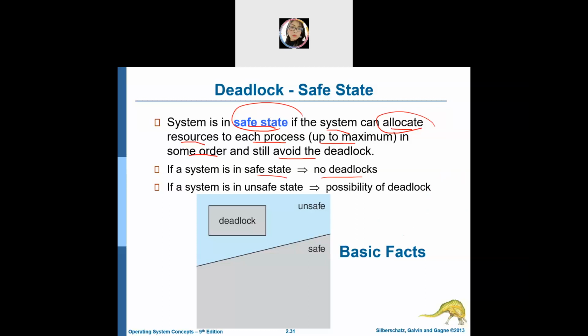You can occupy all the resources for all your processes. If a system is in an unsafe state, there is a possibility of deadlock. Sometimes, let's say you have RM 100 just now, and you already occupy RM 30, RM 300.